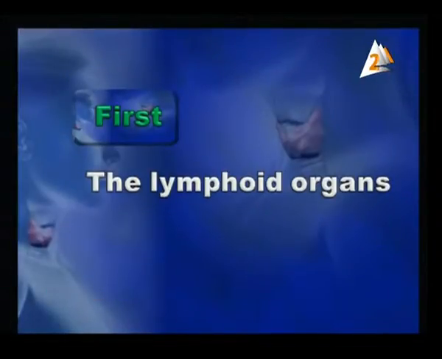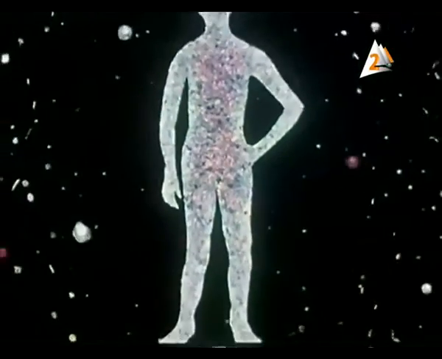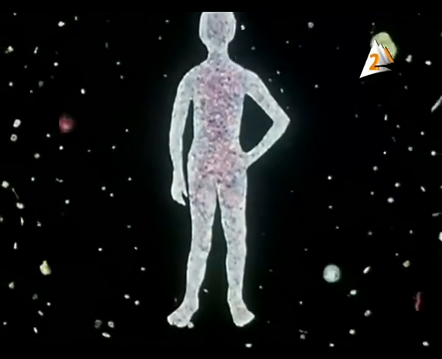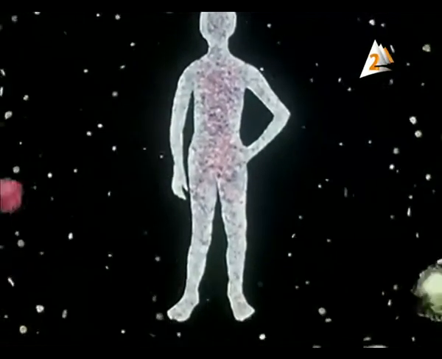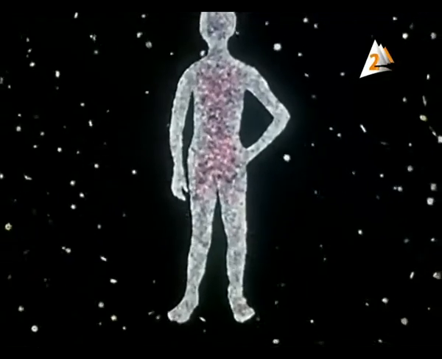The first point is the lymphoid organs. These lymphoid organs represent the organs of the immune system. They contain a large number of lymphocytes, where maturation and differentiation of lymphocytes takes place.